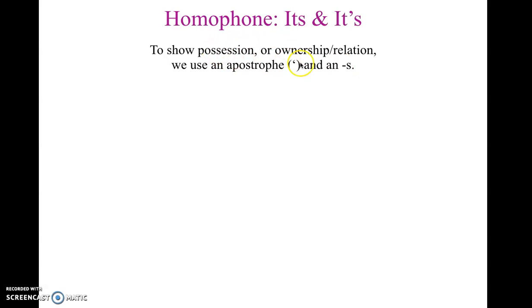Now, possession here sometimes means ownership, sometimes it's about relationship. For example, we could talk about Wilma's toy. This is the toy that Wilma owns. It is hers. Wilma's father. Right? She does not own her father. This is about a relationship.